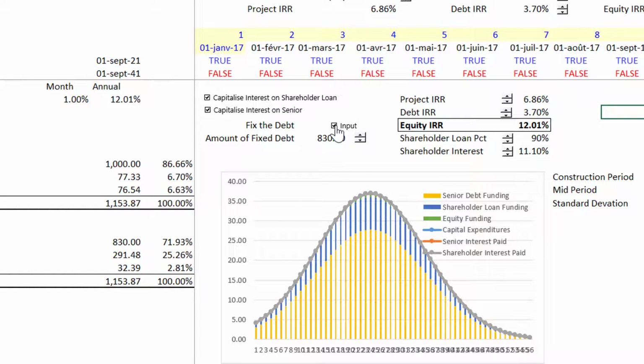Now, if we just fix the amount of debt, this effect of the shareholder loan is completely gone, because the debt is independent of the interest during construction. So on all these issues, they're totally different. The funding issues as well, whether the debt is driven by the DSCR or the debt to capital ratio. And that, I'm about finished.